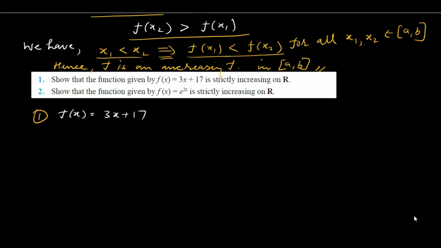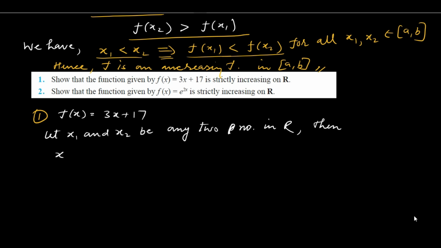First consider two points x1 and x2. Let x1 and x2 be any two numbers in R, then suppose x1 is less than x2. This implies that 3x1 is less than 3x2.